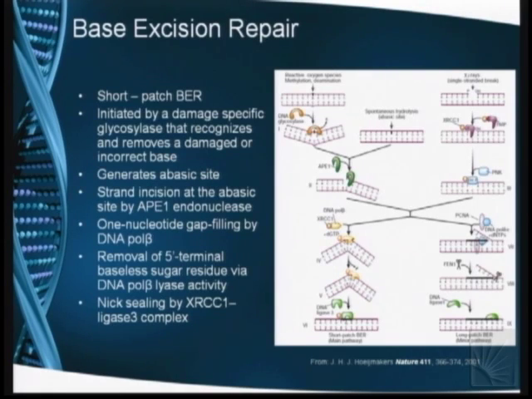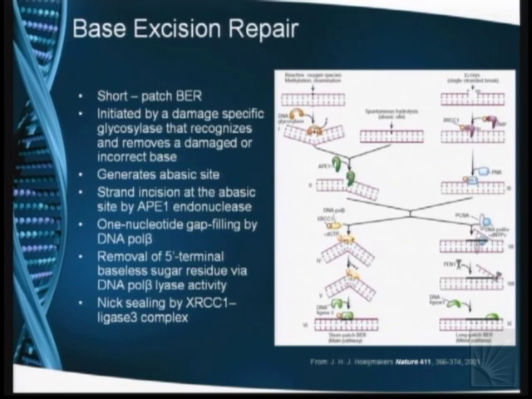And it's very similar to the mismatch repair pathway in the sense that you excise the damaged nucleotide, then the backbone is excised, and then another DNA polymerase resynthesizes that part of the DNA, only the single nucleotide, and you end up with a corrected DNA.